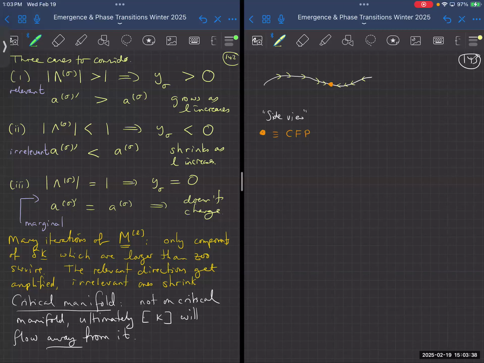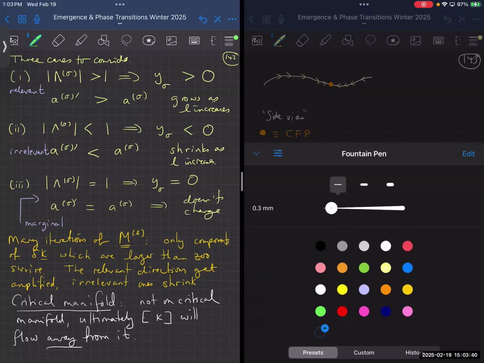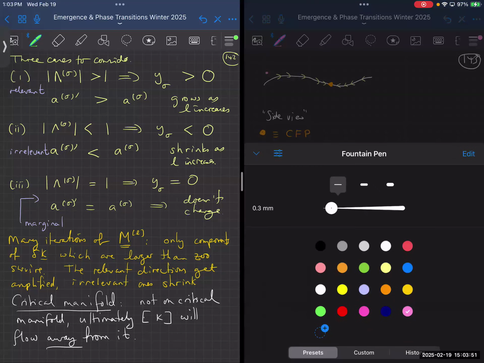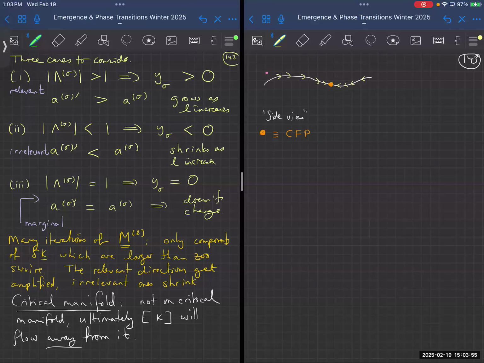Now, let's suppose that I'm no longer on the critical manifold. So now what's going to happen? Let's suppose I start over here. Well, we're going to figure that out, but let's first draw the eigen directions for this critical fixed point. It will have some eigen directions which are irrelevant.